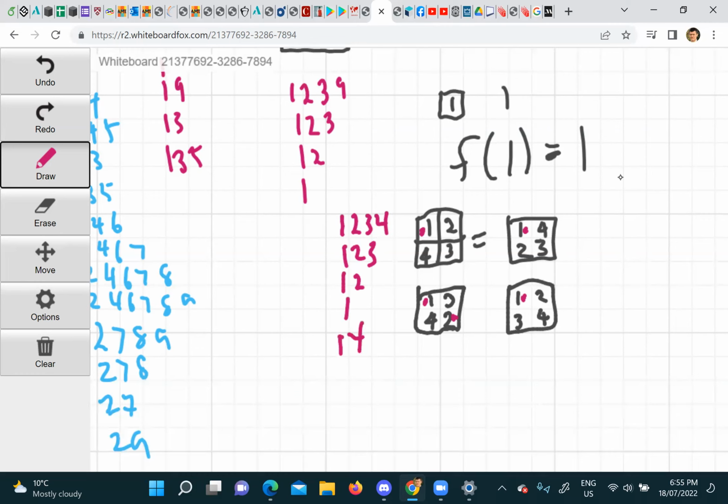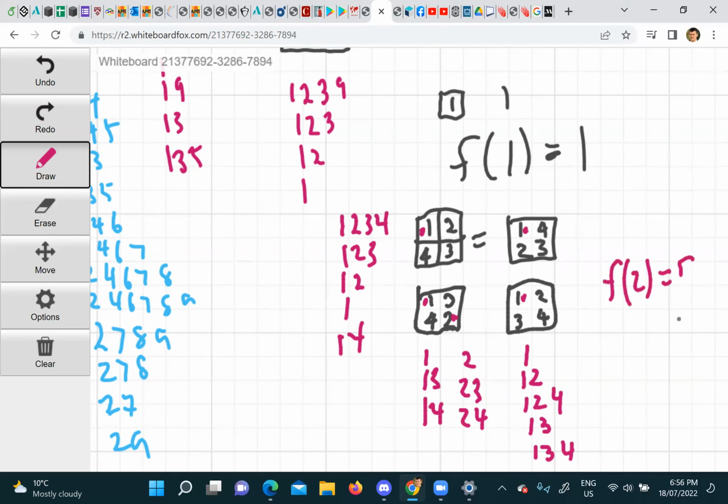And here, it could go 1, 1, 3, 1, 4, 2, 2, 3, 2, 4, yeah? And here, it could go 1, 1, 2, 1, 2, 4, 1, 3, 1, 3, 4, yeah? So you notice that f of 2 equals 5, okay? Because 5 is the least you can get.